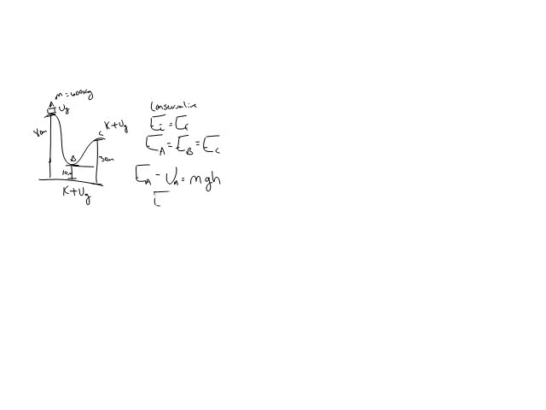Energy at A is going to be 600 times 9.8 times 80. This is going to give us some big numbers: 4.7 times 10 to the 5 joules.